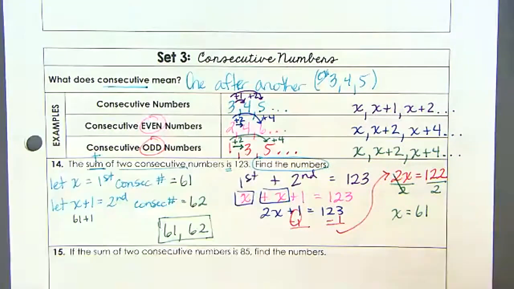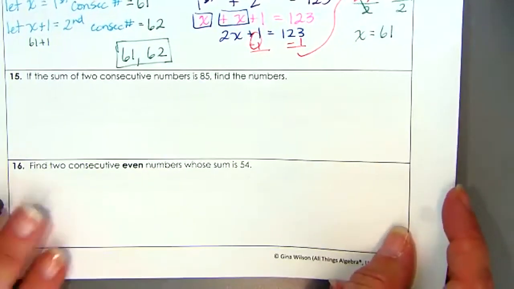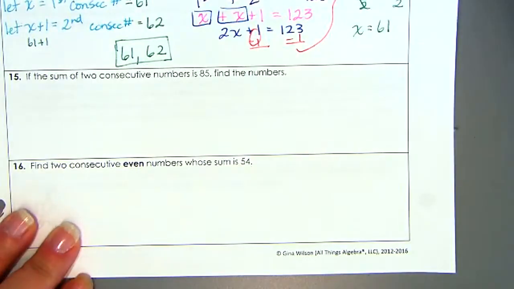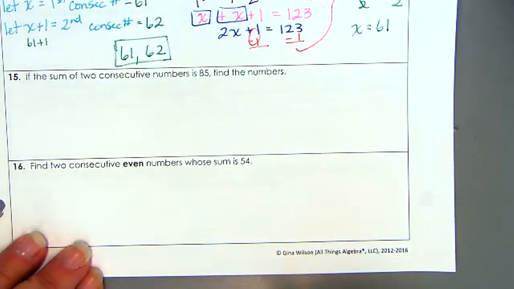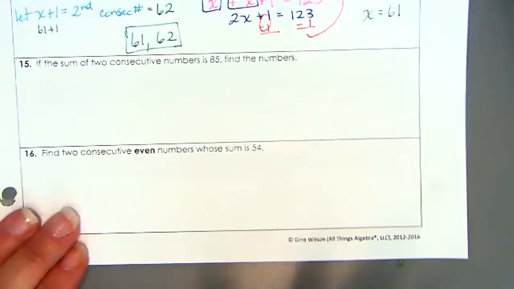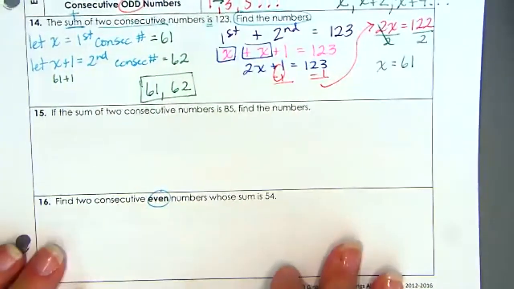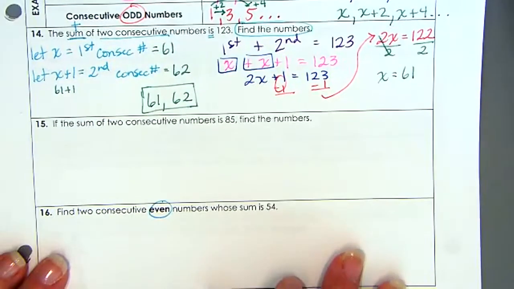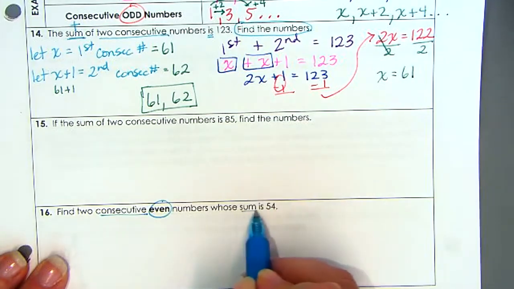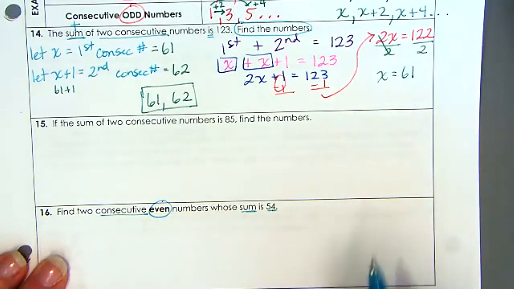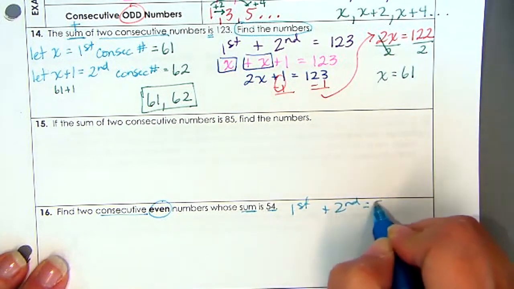Okay. Next example, 16. A lot of word problem examples, so this is going to take some practice and going back over, but remember, you can always go back to the video to watch. All right, here we go. The only difference is we're talking about even. So we're no longer using just consecutive, we're talking about consecutive even. Find two consecutive even numbers whose sum is 54. So we're still doing the first plus the second is equal to 54.